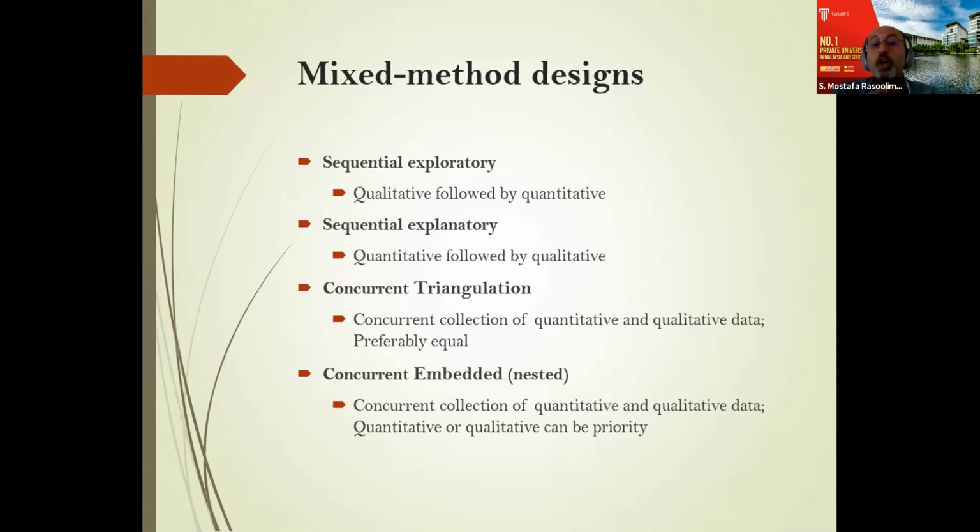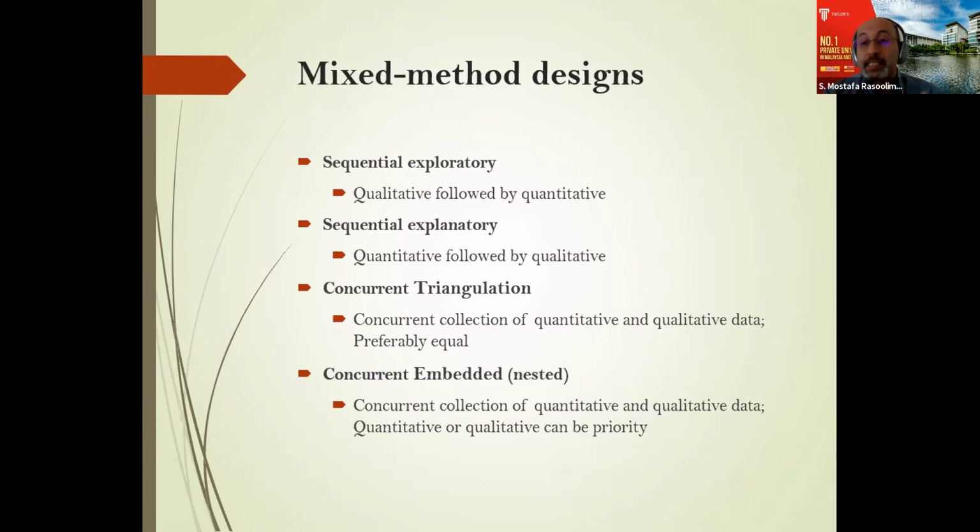The two other categories are concurrent triangulation and concurrent embedded. So we have the dimension of time, right? Concurrent means we conduct qualitative and quantitative concurrently, simultaneously, at the same time. So it's not sequential.